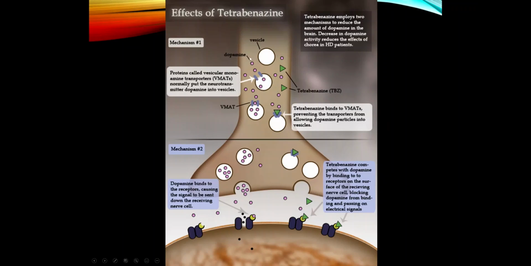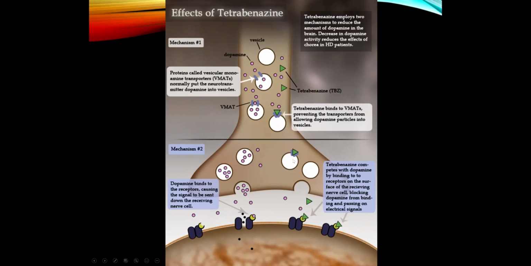If we look at dopamine here being packaged into dopamine vesicles, this happens by means of a vesicular monoamine transporter here in blue. What happens is tetrabenazine, the green arrows, actually blocks those vesicular monoamine transporters, so the dopamine can't get into the vesicles as well, so less dopamine is released.